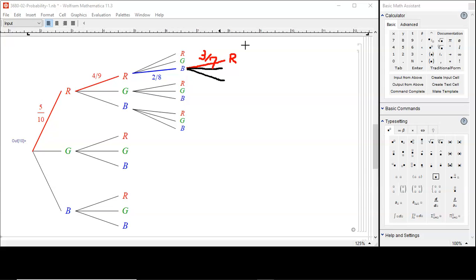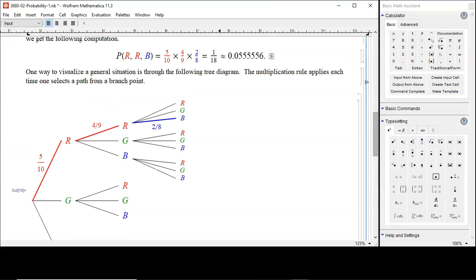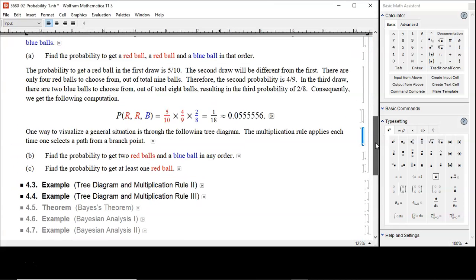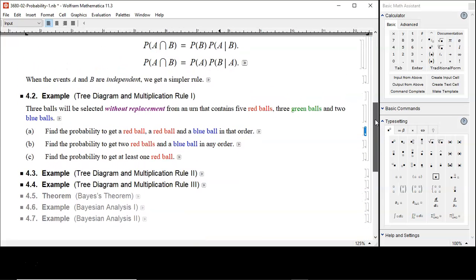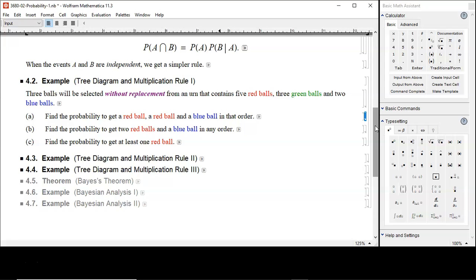Oh, this is terrible writing. Well, let's erase everything. This kind of thing can continue, branch out like this. For this reason, people call it a tree diagram. So let's erase all that. So you can do a tree diagram to visualize the multiplication rule, as you saw before, but if you get used to it, you'll be able to use just multiplication, multiplication, multiplication, like I just did before.